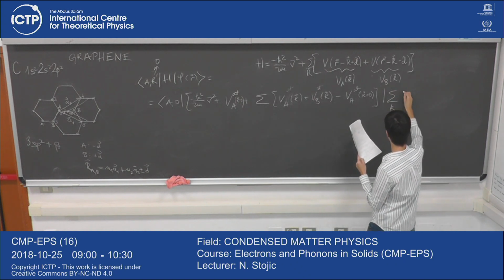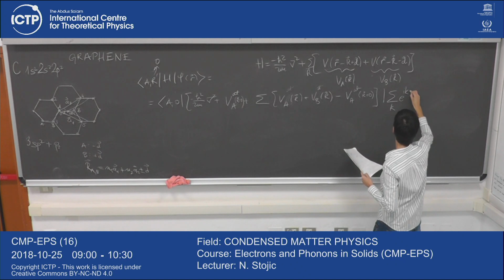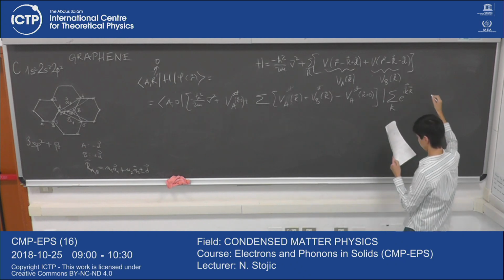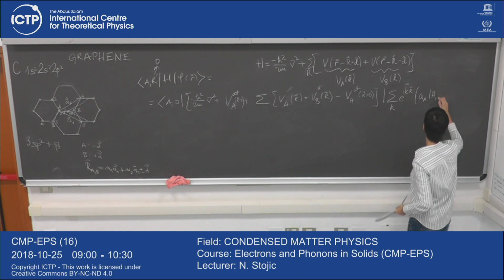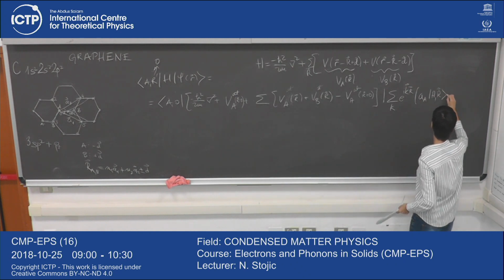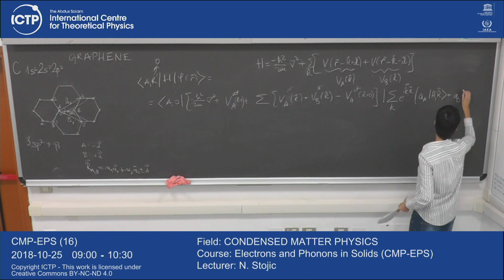Fine. Sum over K, AIKR, times A. It's a lot of writing, but really nothing difficult.